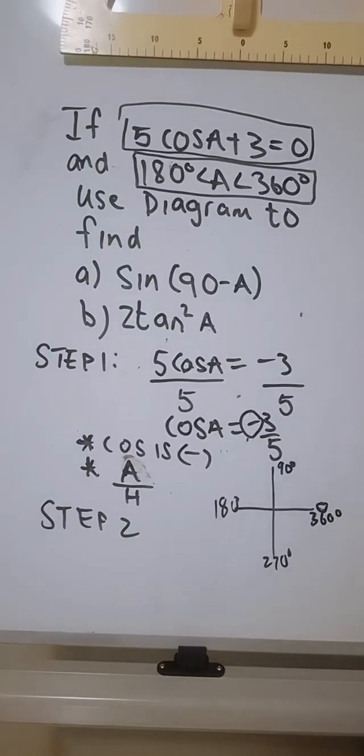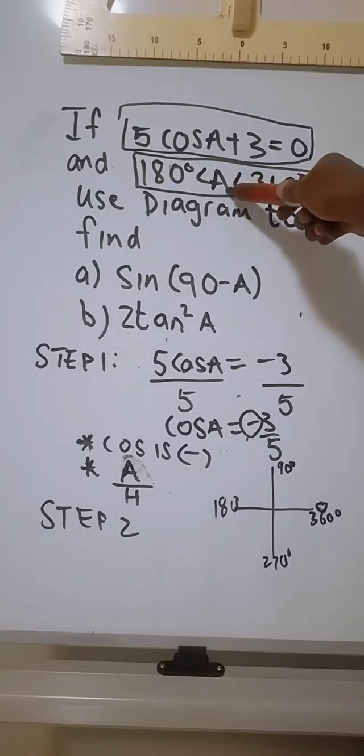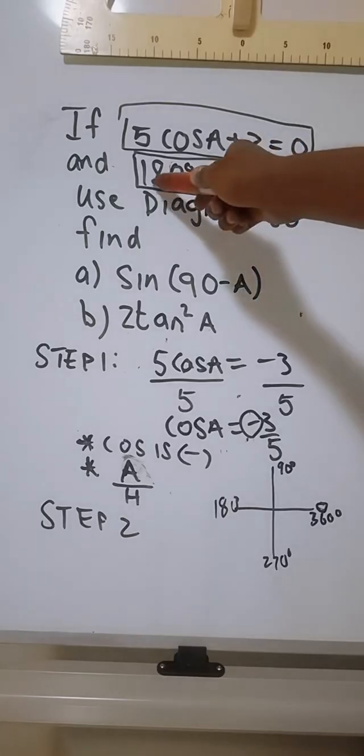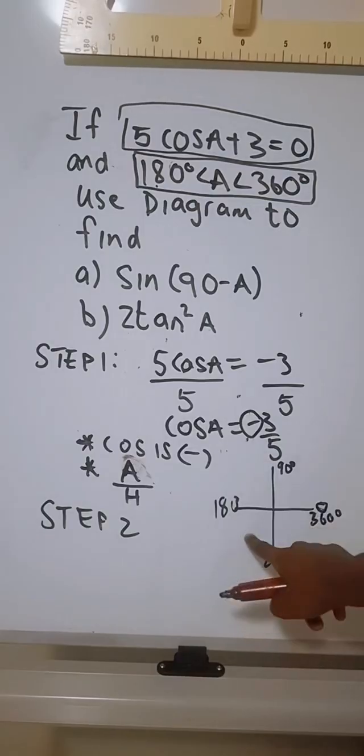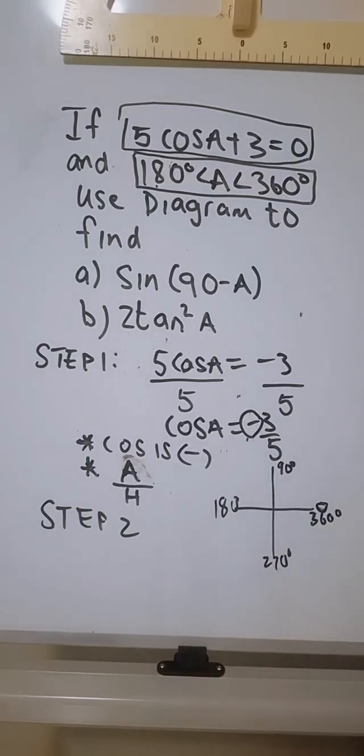We are moving in an anti-clockwise direction, right? So that means to say A lies between 180 and 360. This is our first quadrant, second quadrant, third quadrant, fourth quadrant.